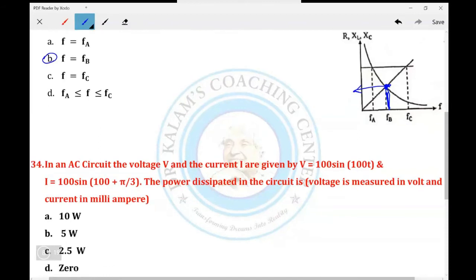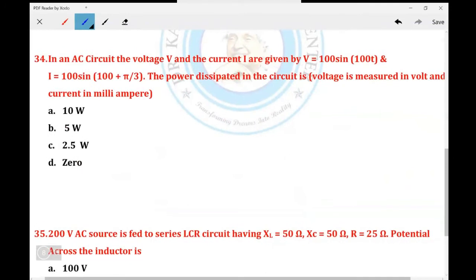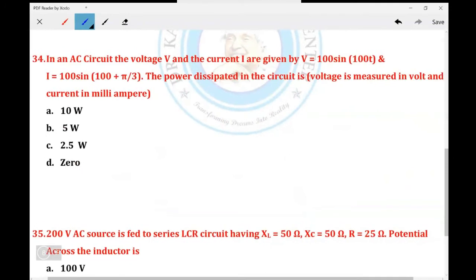Next, in an AC circuit, the voltage V and the current I are given by V is equal to 100 sin ωt, and I is equal to 100 sin(ωt plus π/3).